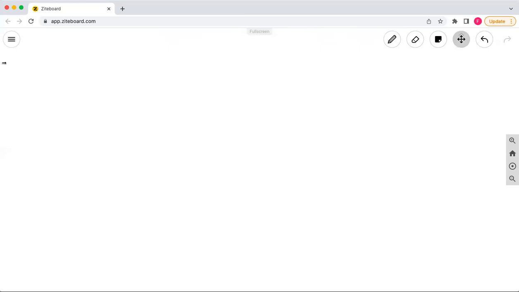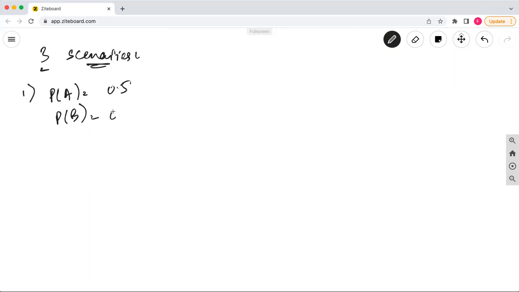Let's see 3 scenarios. First of all, in the first scenario, if I say that probability of A is equal to 0.5 and probability of B is equal to 0.7, right?